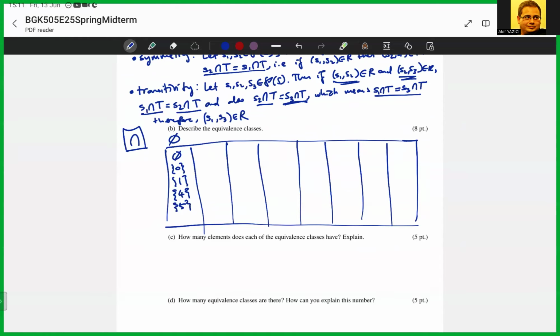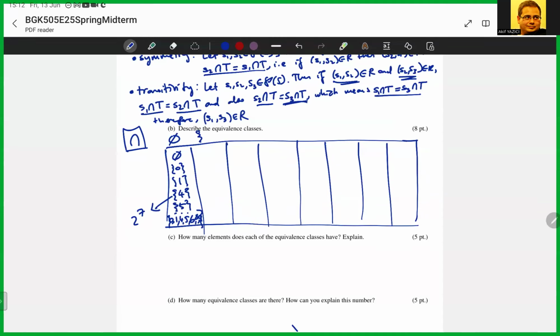And then you have the ones with 2 elements, 3 elements, up to a possible of 7 elements. So 0, 1, no 2, no 3, 4, 5, 6, no 7, 8, and 9. Okay? So in total, there will be, in this equivalence class, 2 to the power 7 subsets.